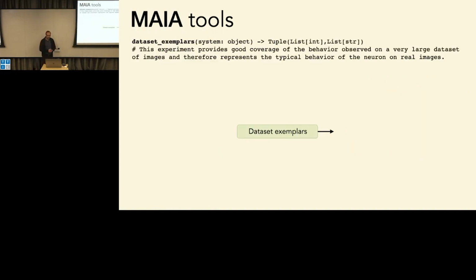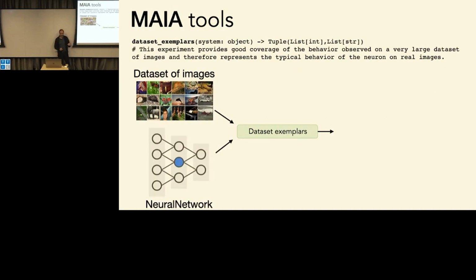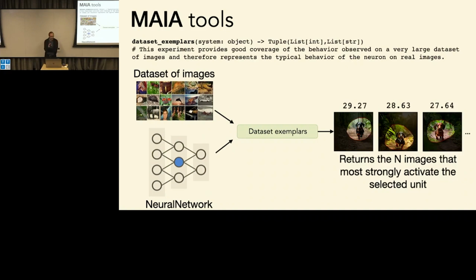Here is another tool. This one is actually quite important, and we call it dataset exemplars, and it does the following thing. You take a dataset of images, you specify a unit you care about, and then what this will return is a list of images sorted by the degree of activation that they have on the unit, from most active to less active, and then the region that the unit is selected for in all of these images.